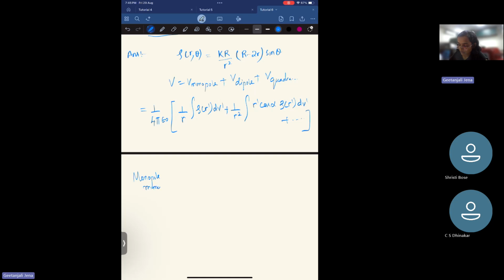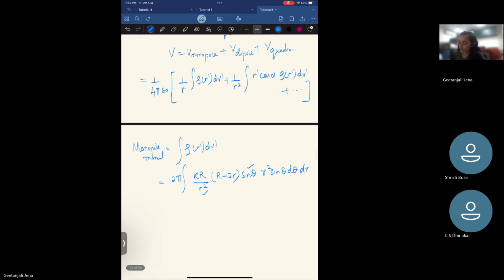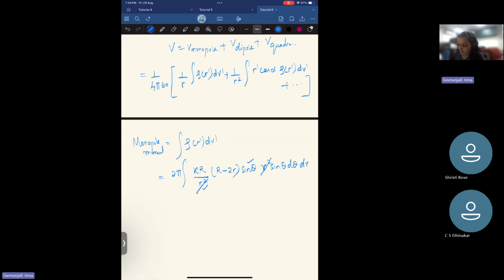The monopole moment is the integral of rho of r prime dv prime. Rho is given as kR by r square times (R minus 2r) sin theta. You can see rho is a function of r as well as theta, so it's better to take dv as r square sin theta d theta d phi dr. The d phi will give 2 pi, and this r square will cancel.